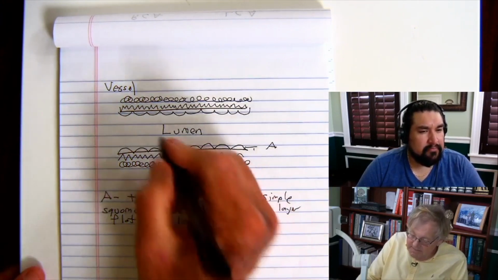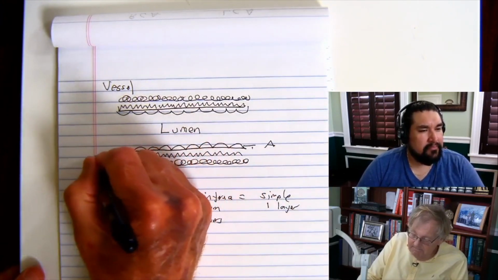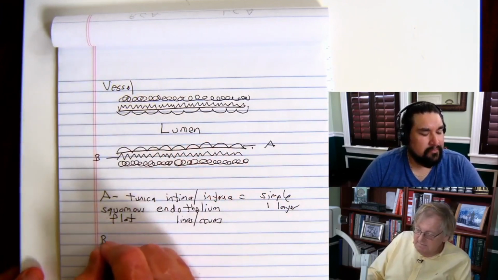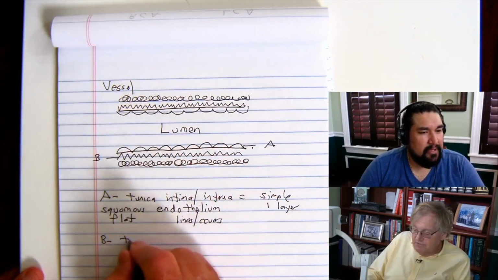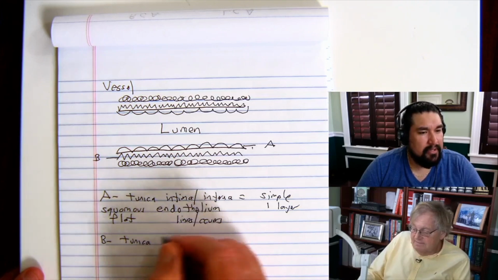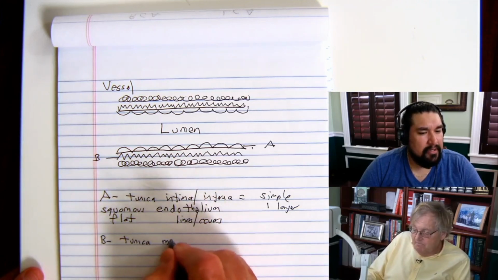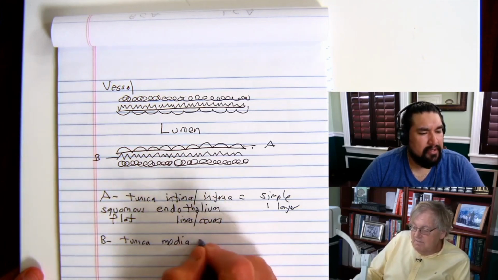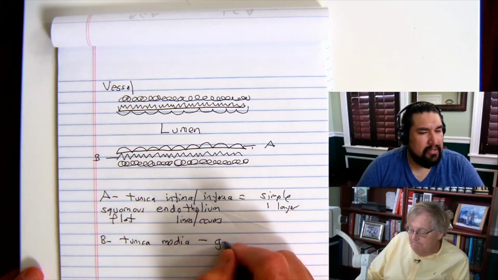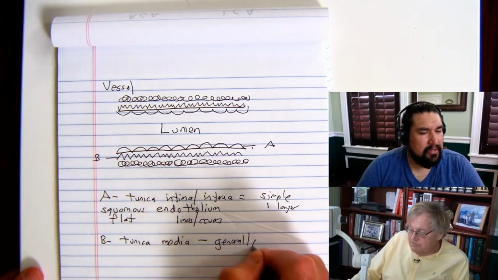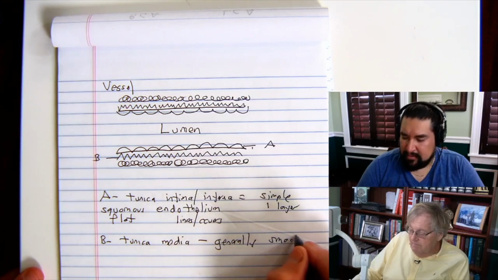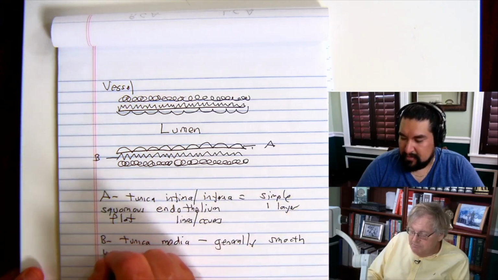Now I've got my second layer here, B. B is going to be the tunica, which again means coat, and that's going to be the media. And the media is going to be generally smooth muscle, with some exceptions.